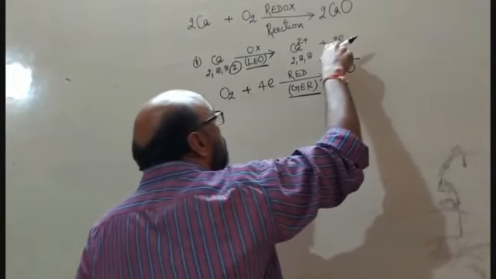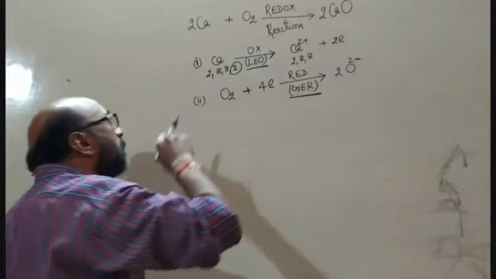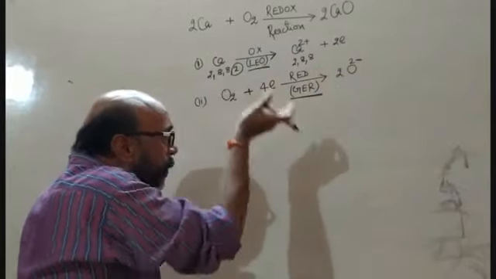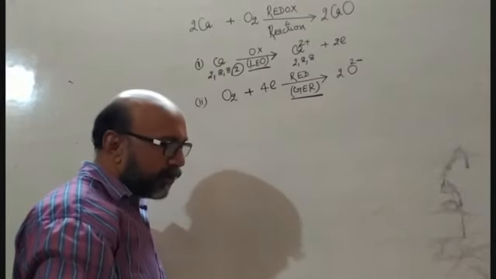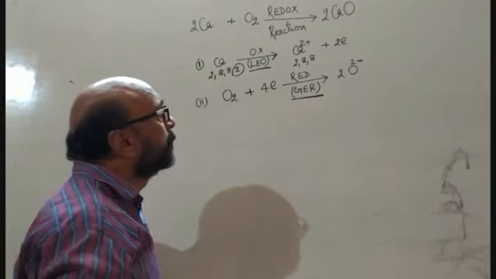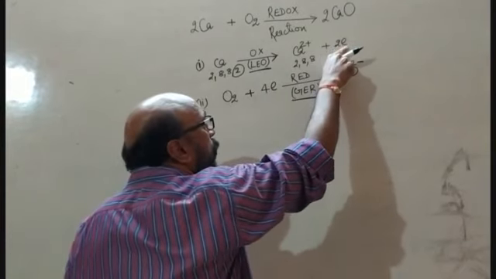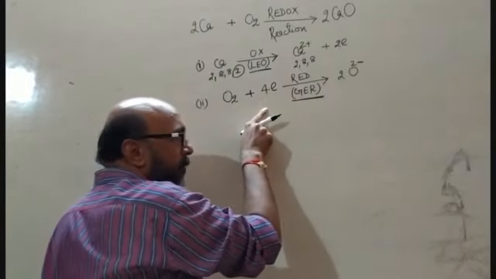Now, if we add these two parts of a chemical reaction algebraically, we need to make the number of electrons lost and gained equal.